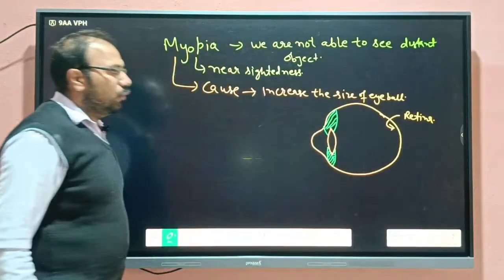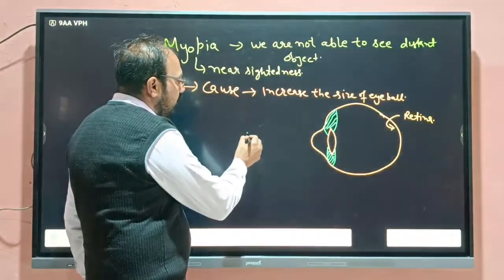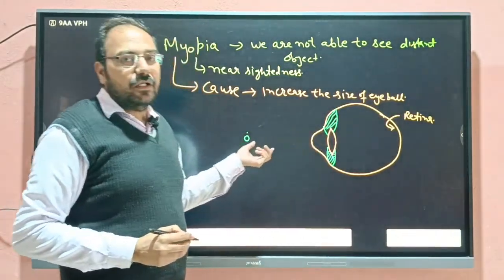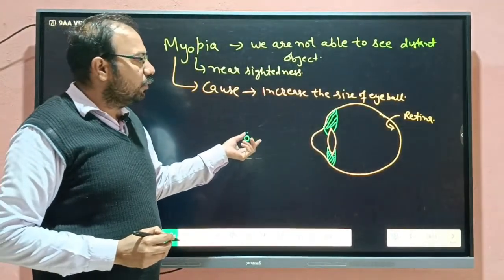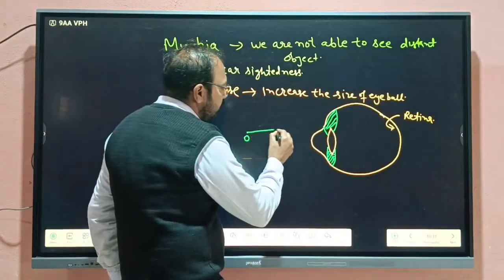When light comes from the object, for example, this is the position of an object placed at the normal distance, this object produces rays, and these rays come from here.